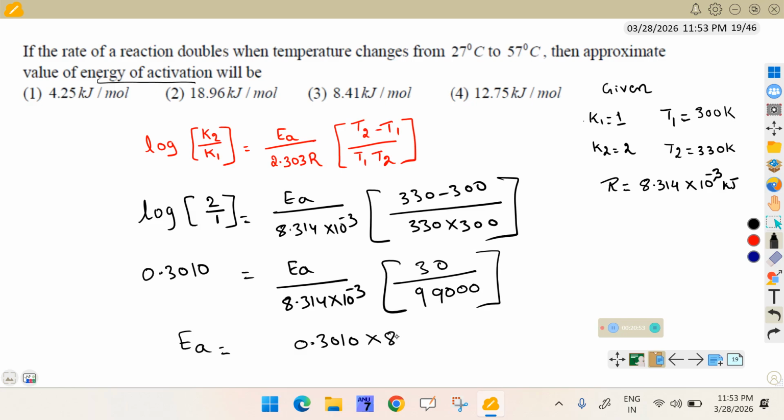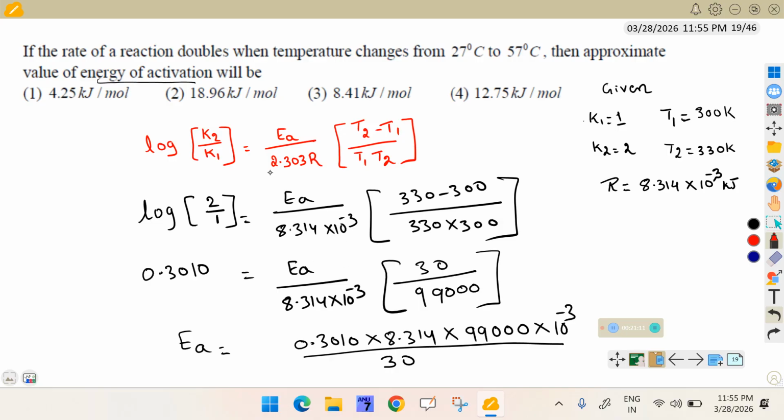Now simplify. Activation energy is equal to 0.3010 into 8.314 into 99000 into 10 power minus 3 by 30. Simplify.